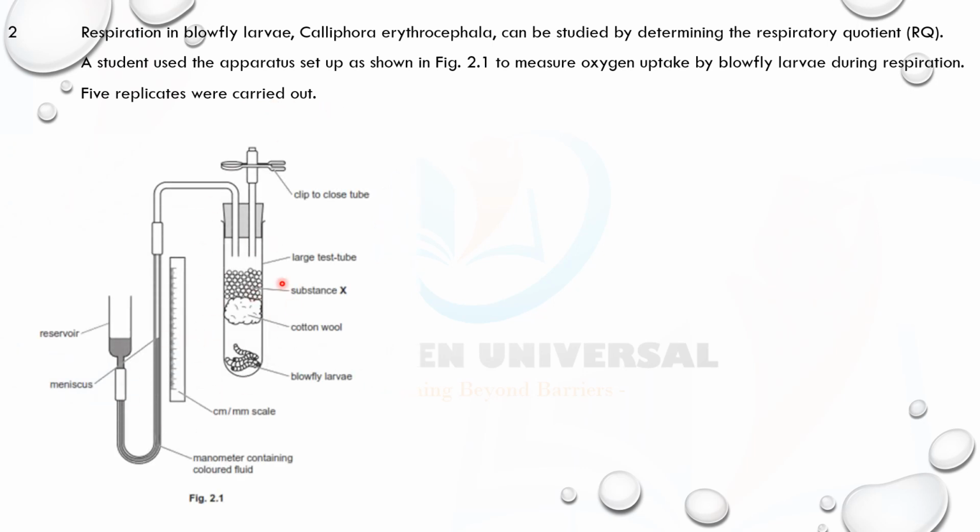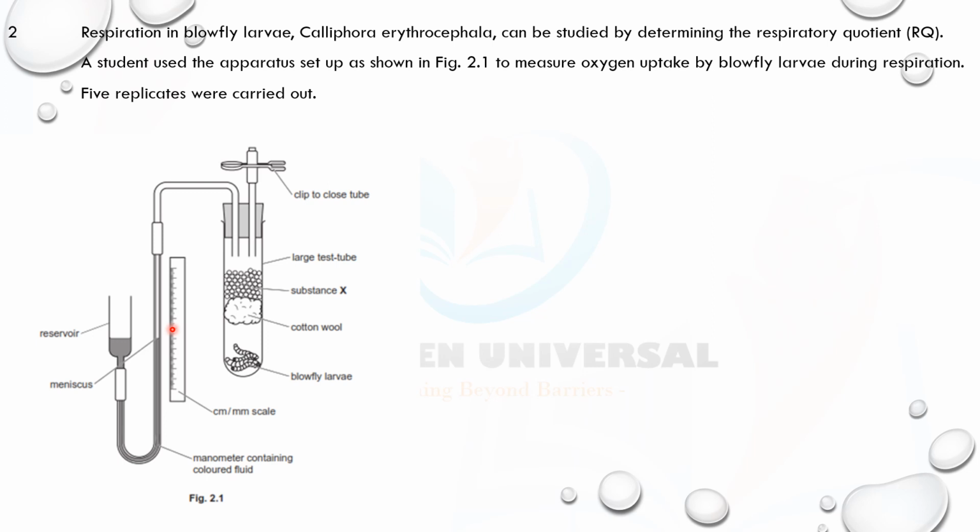This is the diagram, the setup. This is a manometer containing colored liquid. This is the scale. This is the tube. This is cotton, substance X. So guys, let me ask you, how would you measure the rate of respiration?